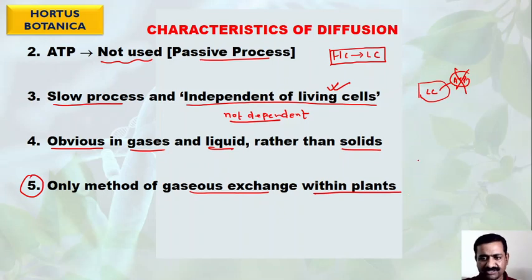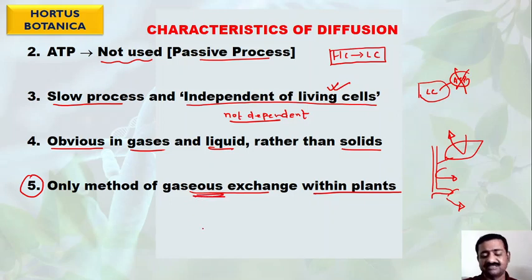Mind well, because in plants, if you are studying gaseous respiration, leaves are performing their respiration, stems are performing their respiration, roots are performing their respiration, and diffusion is the only source of their gaseous exchange, my dear. Only this method, diffusion, otherwise the plant will die.